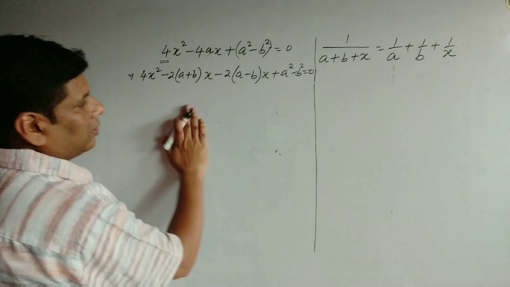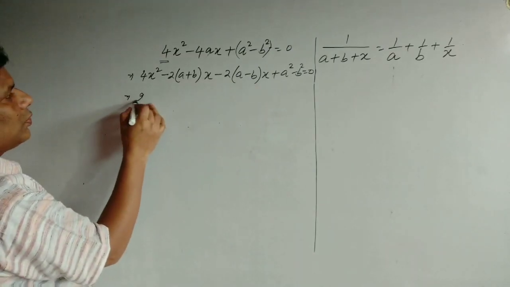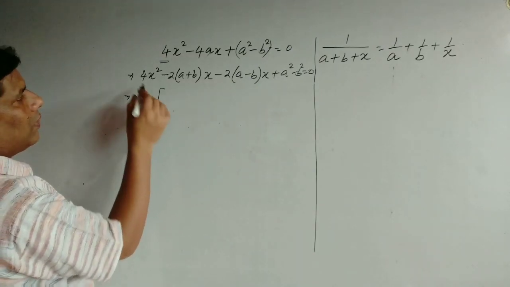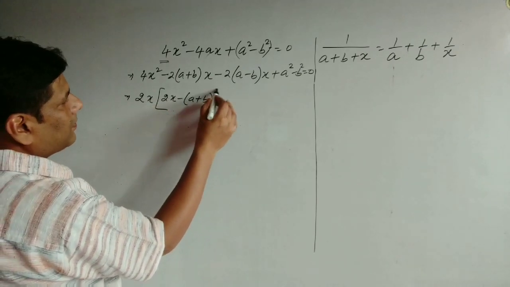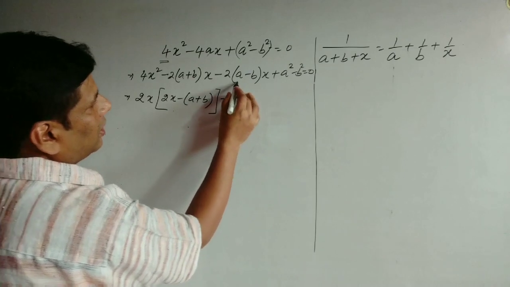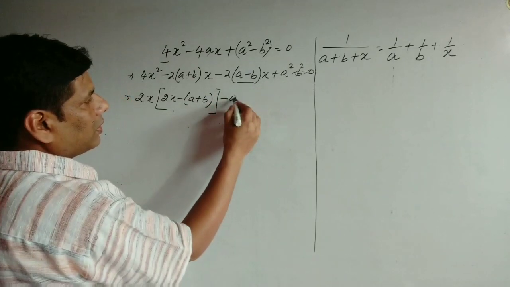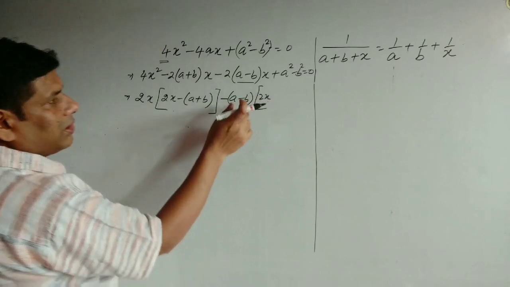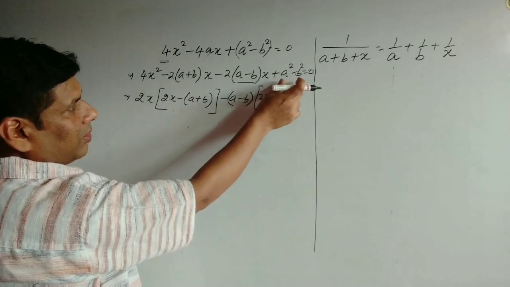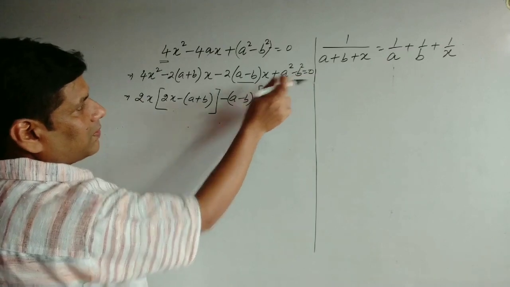So next we will write 2x will be common. So what we will get? 2x minus (a plus b) here, and minus (a minus b) will be common. Here we have 2x. If we take (a minus b) as common, we will leave (a plus b).